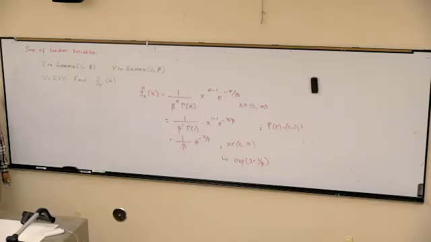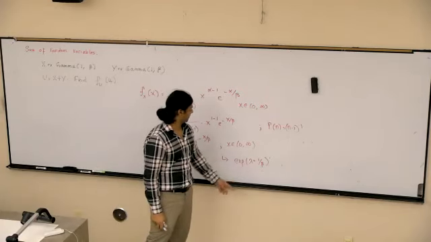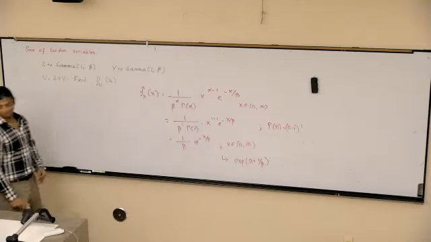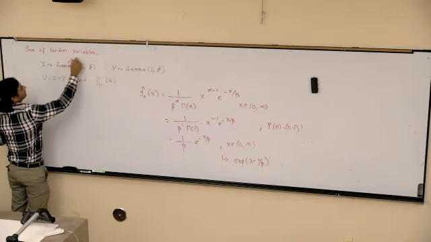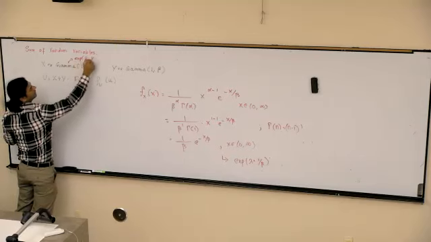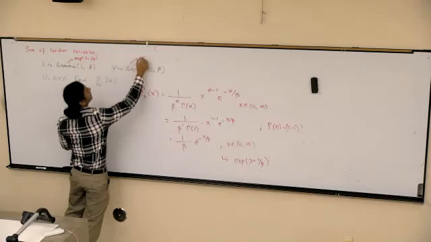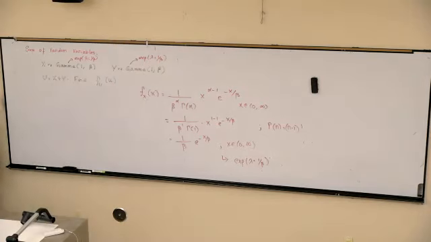The density of an exponential matches that. Good. So by all means, X is exponential, lambda is just 1 over beta. We used lambda, which is why I'm sticking with lambda. But in terms of gamma, lambda is 1 over beta.